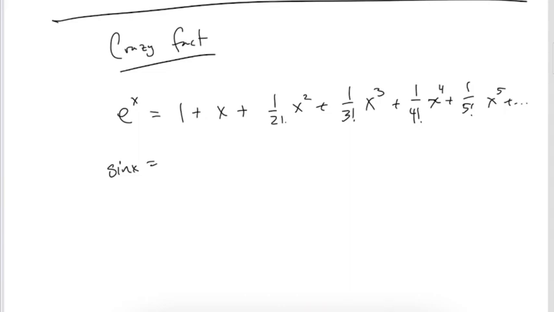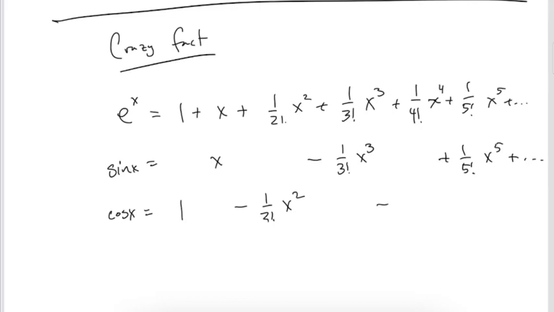So sine gives me only the odd terms, 1, sorry, not 1, 1 is an even term. I'm going to try and line them up. The series for sine is this, right? And the series for cosine is 1 minus 1 over 2 factorial x squared plus 1 over 4 factorial x to the 4 and more stuff, all right?